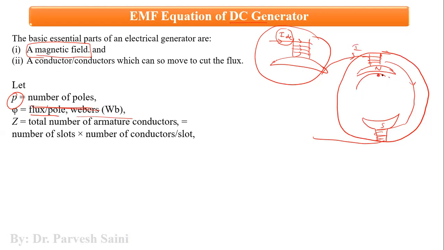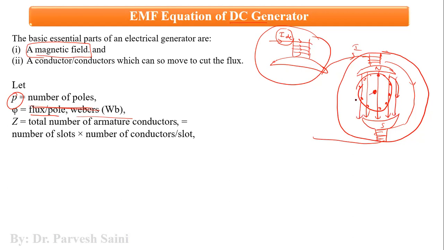This rotor will have some conductors placed on its periphery. So there are some conductors placed here, right? This rotor is rotating in the magnetic field. This is the magnetic field. While rotating, these conductors are cutting the magnetic field.